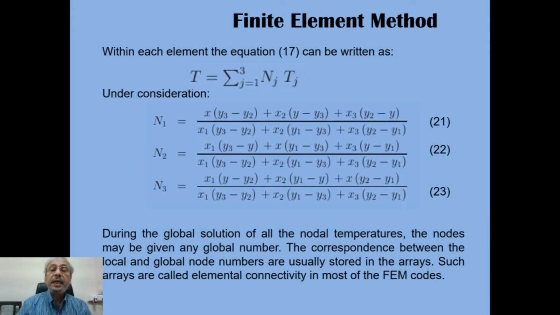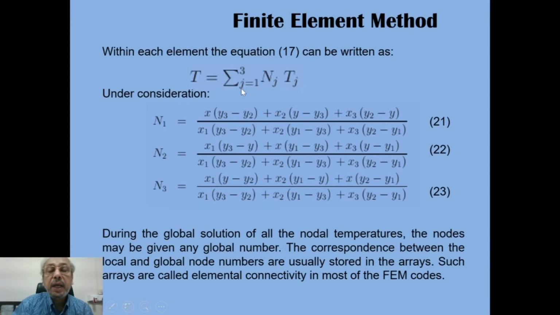Now we can say, as we mentioned earlier, that the temperature for the element is defined by summation over j equal to 1 to 3. This j, as you can see, is now any variable. We could have written Ni Ti or Nk Tk.